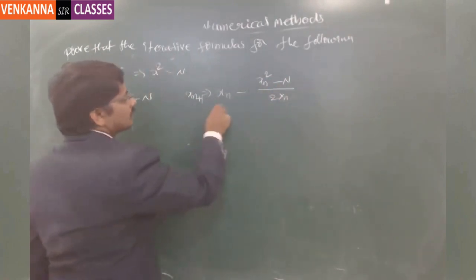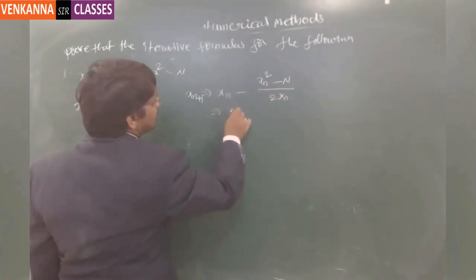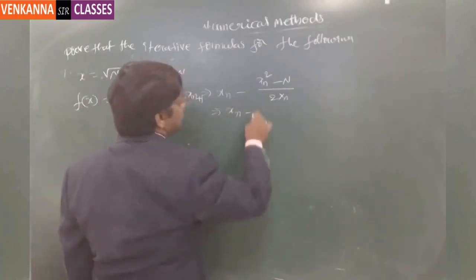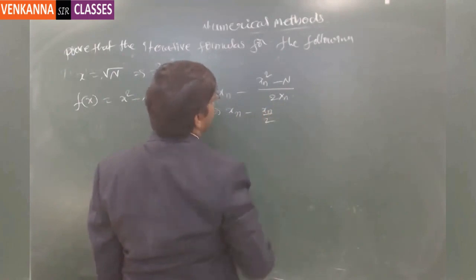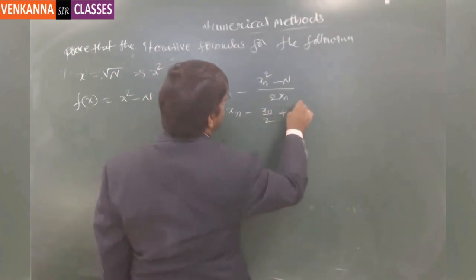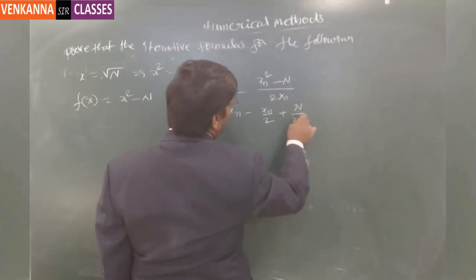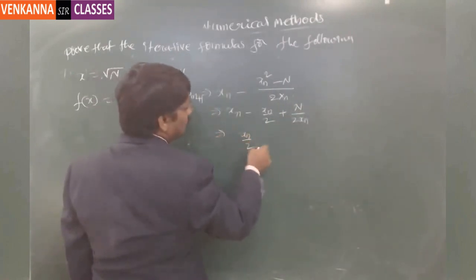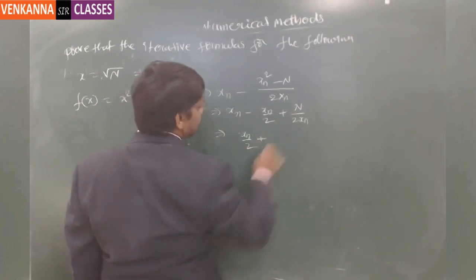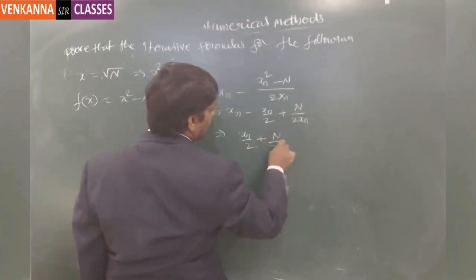So this can be xn minus xn by 2 plus n by 2xn. So this is xn by 2 plus n by 2xn.